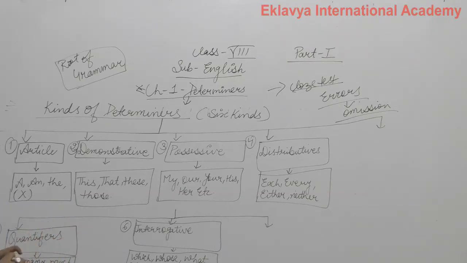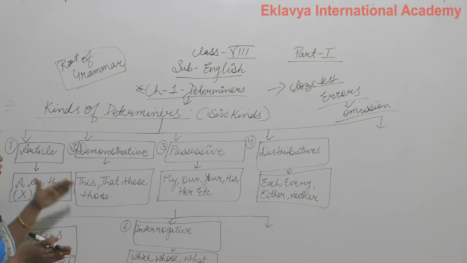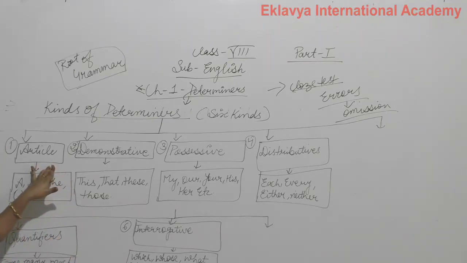Now let's start our topic. First is article. What are articles? Articles are also placed before a noun. If there is an adjective before the noun, then also we put an article. It means we use an article before a noun, and if there is an adjective in place of a noun, then also we use an article before the adjective.